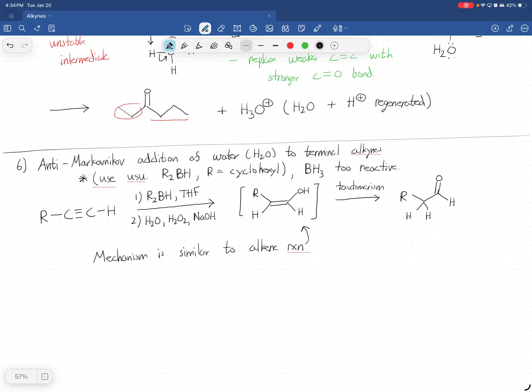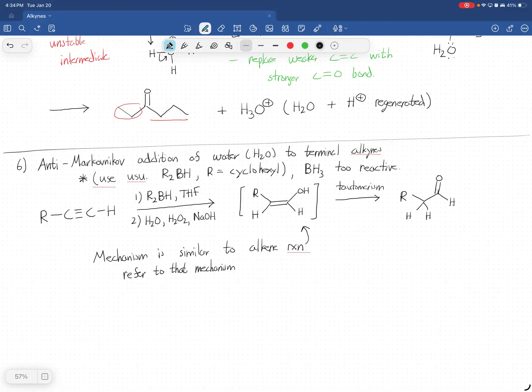Okay, so refer to that mechanism for this step. So in other words, you don't have to reproduce it, okay?